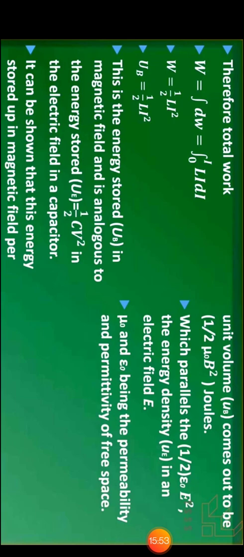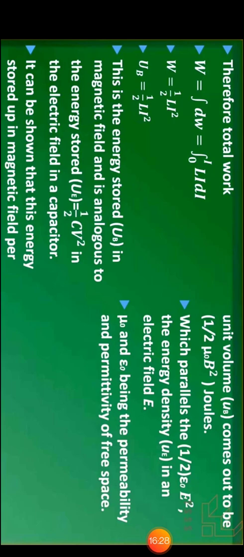Therefore the energy UB is equal to 1/2 Li square. This is the energy stored in the magnetic field, UB, and is analogous to the energy storage, the total electrostatic energy UE equal to 1/2 CV square in the electric field of a capacitor.